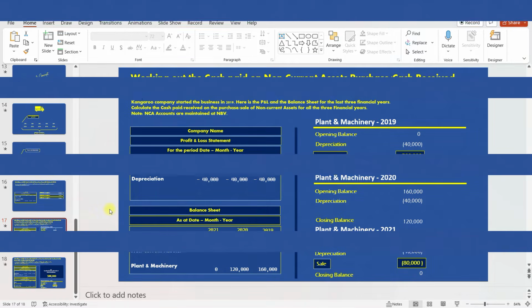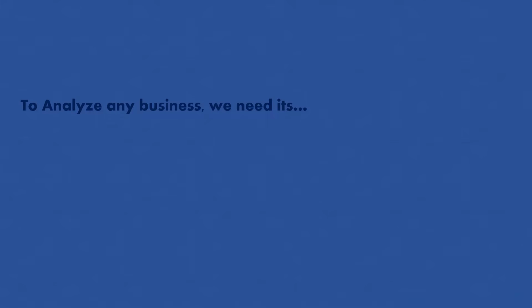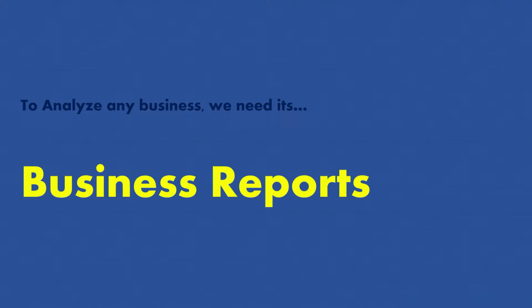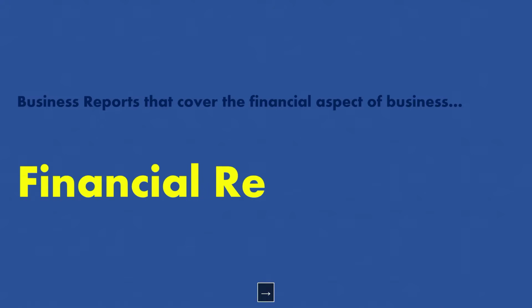So let's dive in. To analyze any business, that how well a business is doing, we need to see its business reports. Now there will be thousands of business reports covering different aspects of the business like marketing and sales and distribution and manufacturing. But out of these reports, the reports that focus on the financial aspects of the business, I mean that tell you about income and expenses and profitability and other financial aspects, these reports are called financial reports.